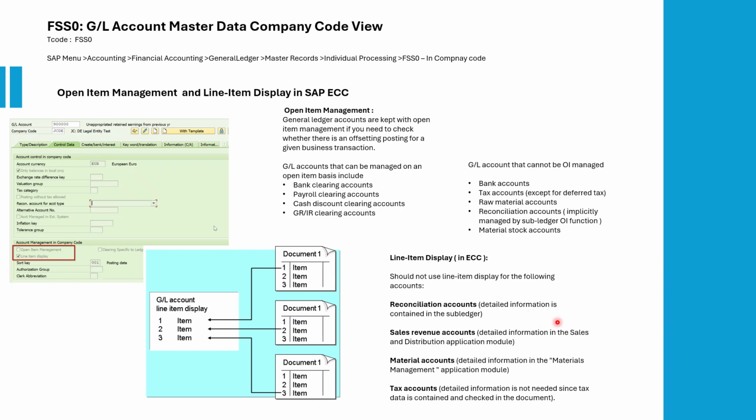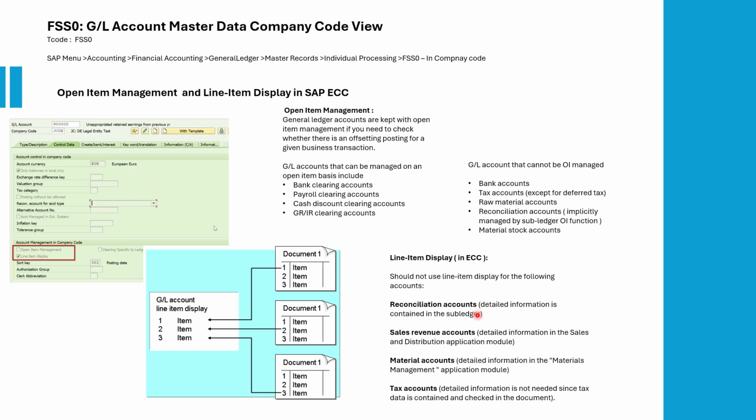Then there is also line item display. This setting was something we did only in ECC. In S4, line item display is no longer needed because now we have the capacity in ACDOCA and so on.